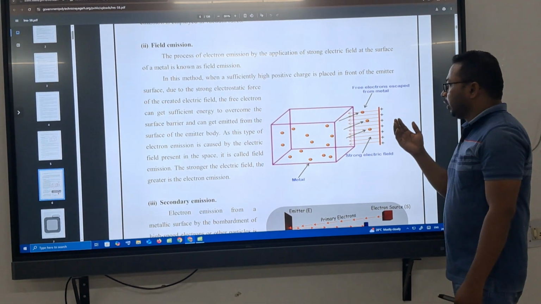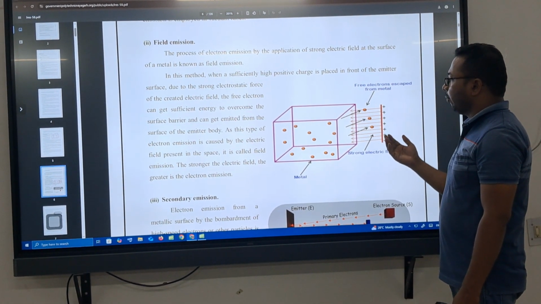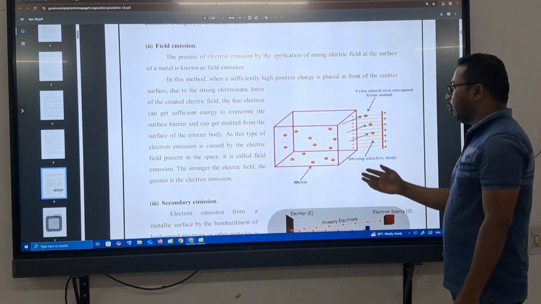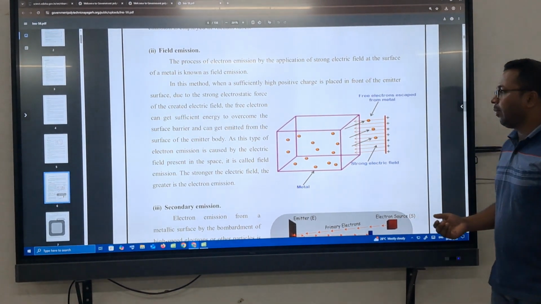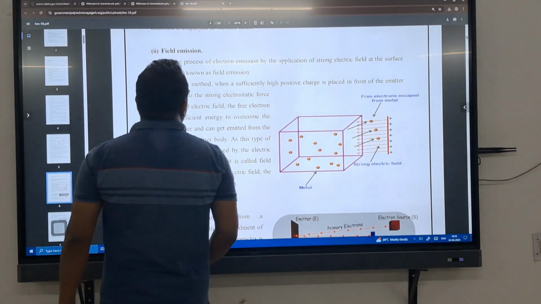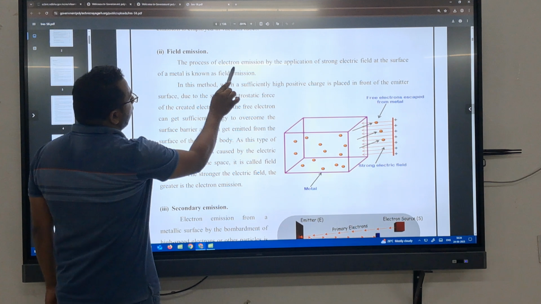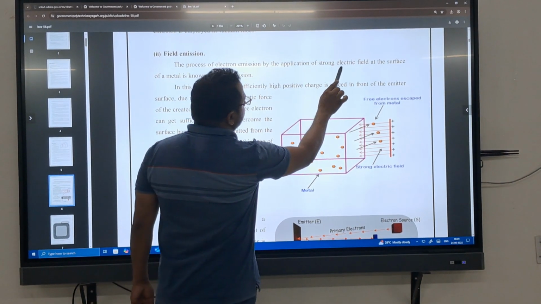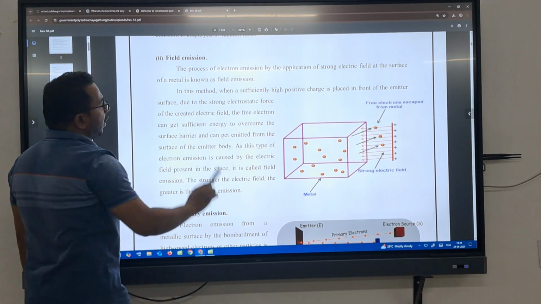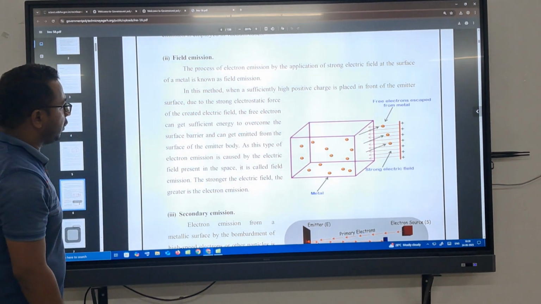If the strength of the electric field is higher, then a greater number of electrons are removed from the metal surface. So we can say the process of electron emission by application of a strong electric field at the surface of the metal is known as field emission.